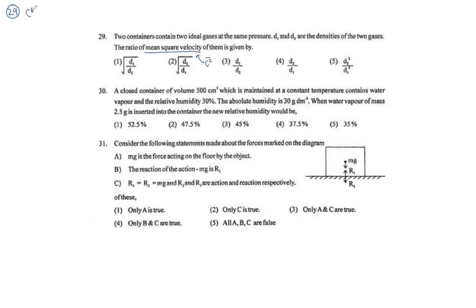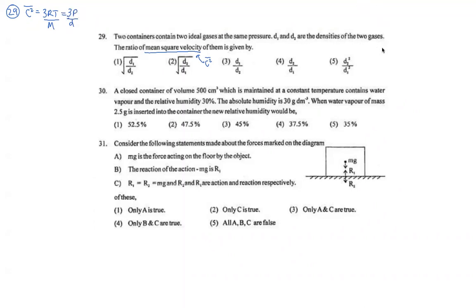C squared bar, we all know the equation for that is 3RT over M. That is the most commonly used equation. But that can also be written as 3P over D, that is 3 into pressure over density.